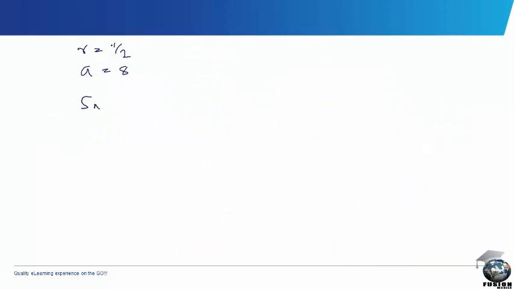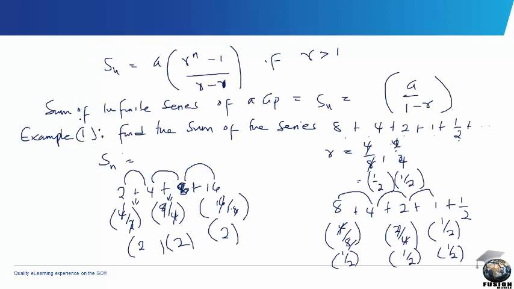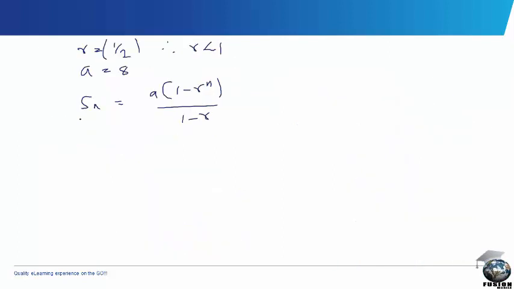Observe very well that the common ratio r is 1 over 2, therefore r is less than 1, and so we use Sn equal to a into 1 minus r raised to power n, all over 1 minus r.